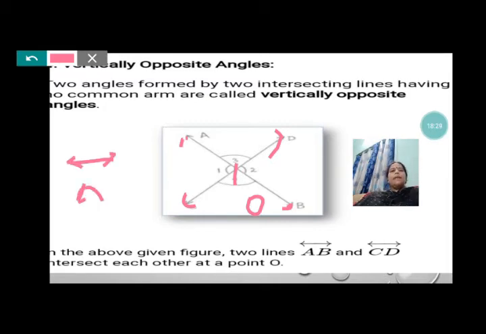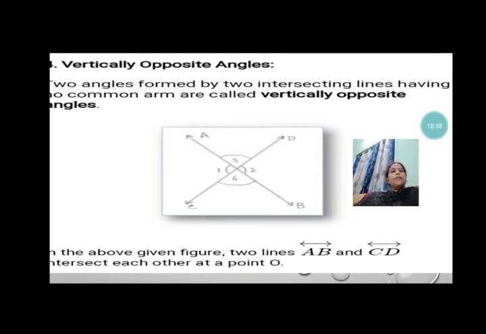That is line AB and line CD, and they are meeting each other, cutting each other at O.